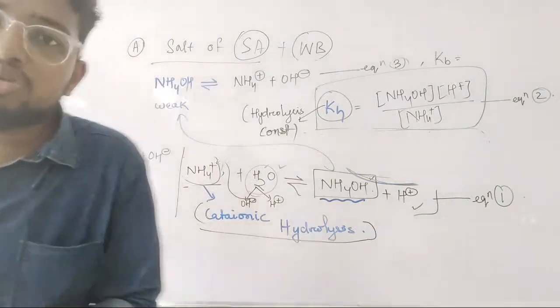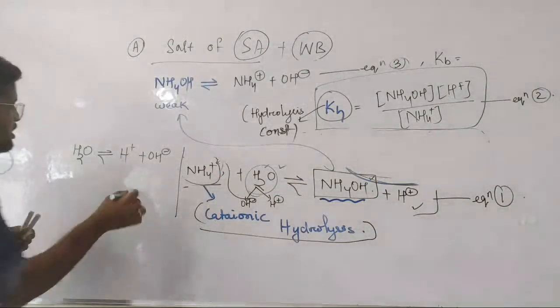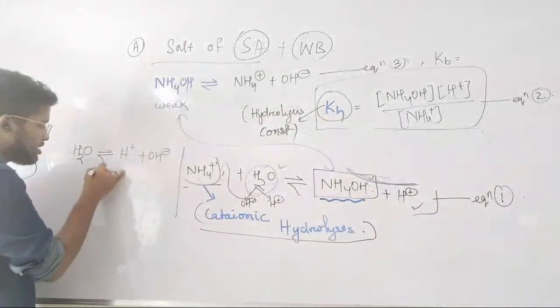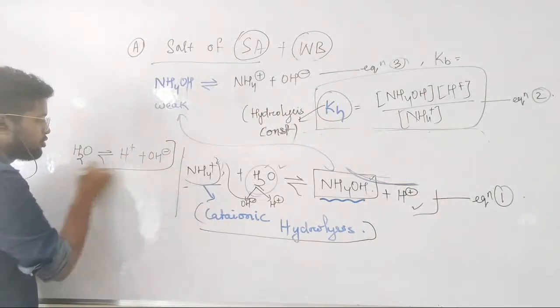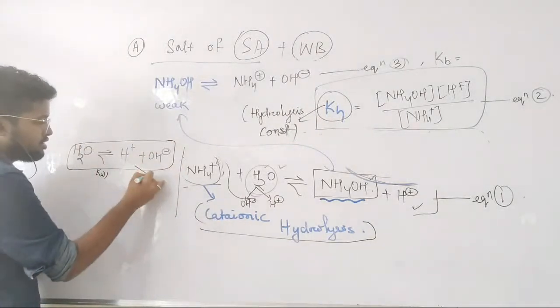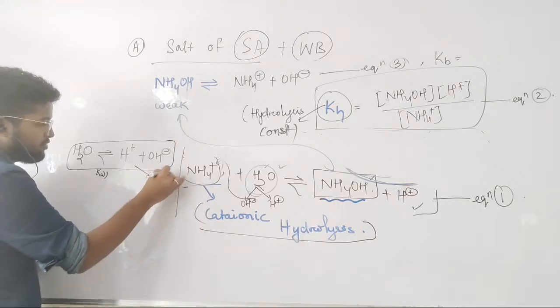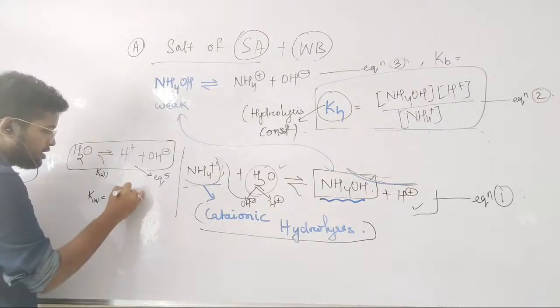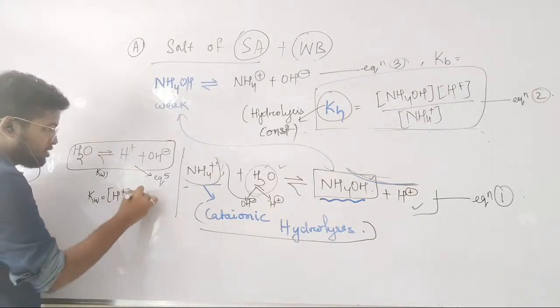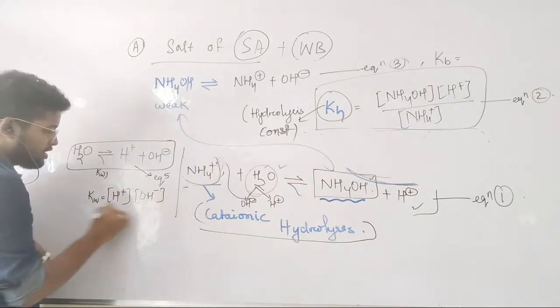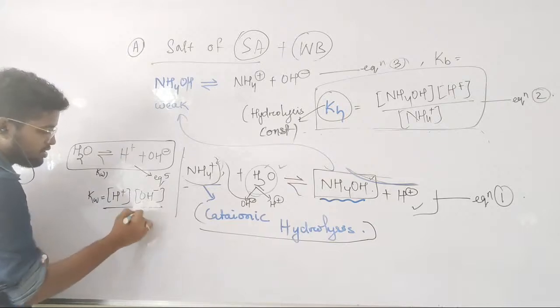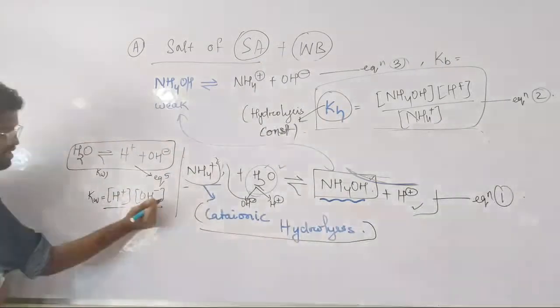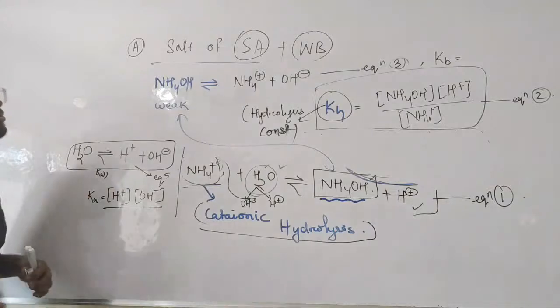What is the water constant? Kw. Make it equation 5. So can you write Kw? Kw will be H plus OH minus divided by the concentration of water, and we know water is in excess, so Kw will be H plus into OH minus.